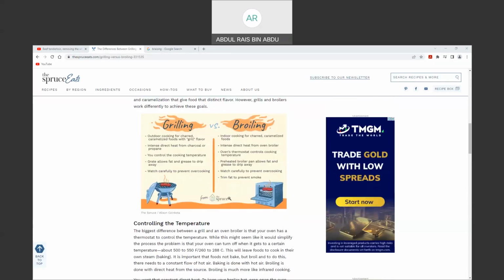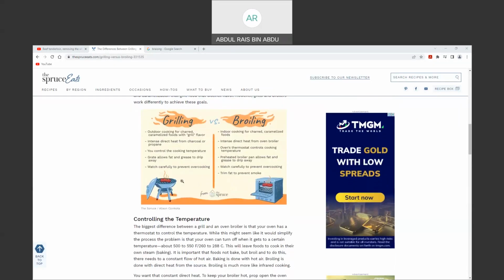Okay, so grilling you bayangkan pemasakan daging tu atas pemasakan arang tu di luar. Broiling you bayangkan aktiviti membakar tu tetapi dibuat dalam oven, a broiler oven, meaning it only transfers dry heat, not moist heat.